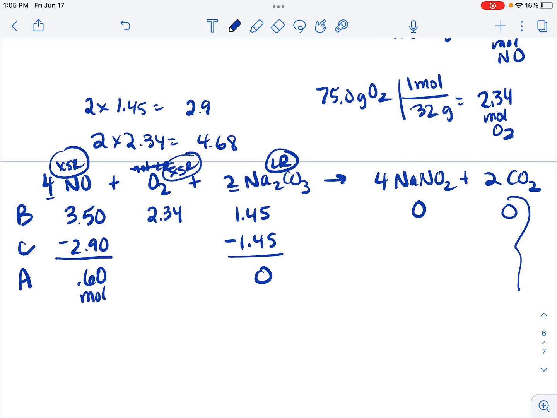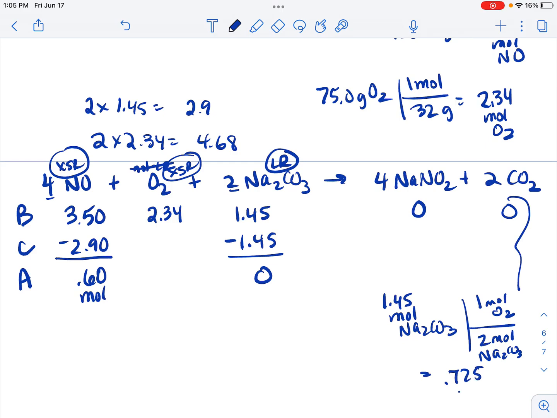And to figure out how much oxygen gets used, I might need to do a small little stoichiometry step. So I'm going to say I'm using all of my 1.45 moles of Na2CO3. And in the equation, this is 2 moles of Na2CO3 for every 1 mole of O2, which means 1.45 divided by 2 is 0.725 moles of O2 needed.